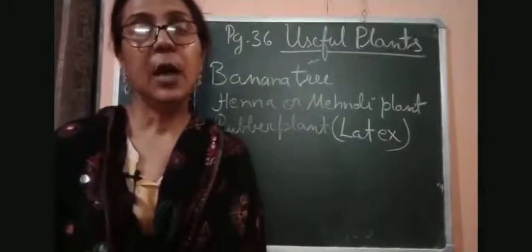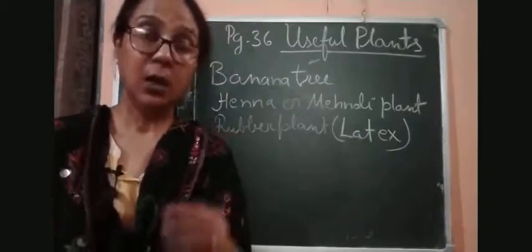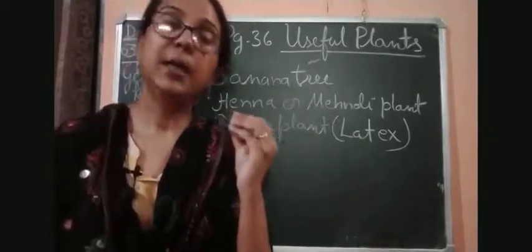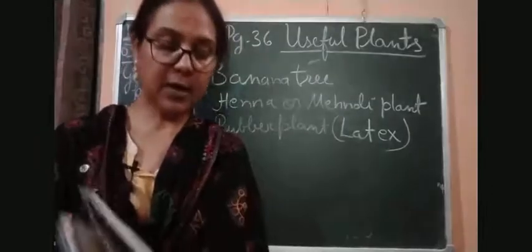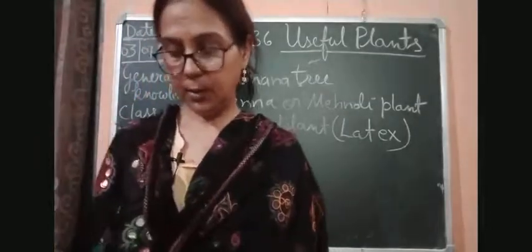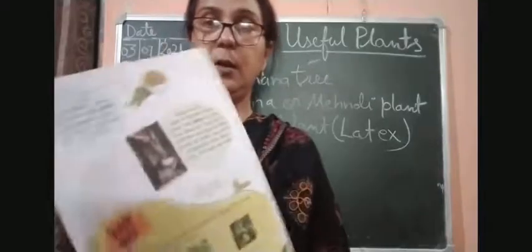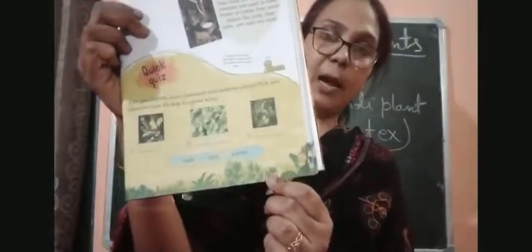So children, after that we will solve the exercise which you can find at page number 37. Only 3 questions are there, so we will do them after understanding the importance of these plants.